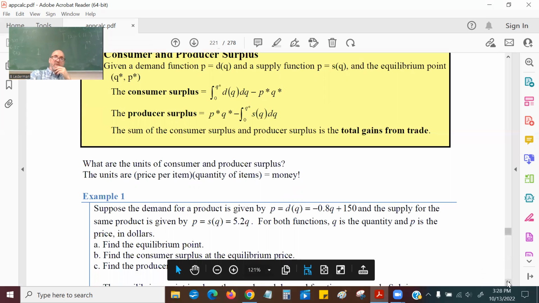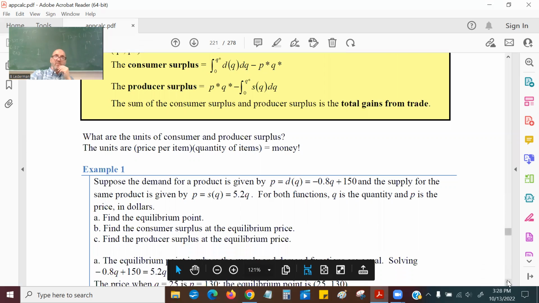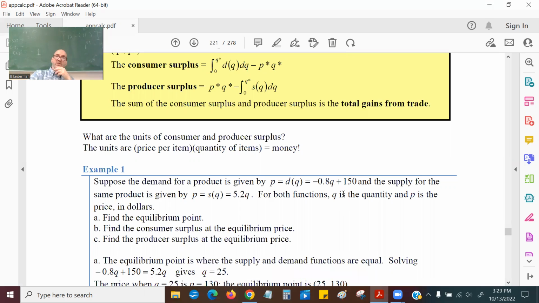Let's do an example. Let's suppose that the demand for a product is given by P equals D of Q, which is equal to negative 0.8 Q plus 150, and the supply for the same product is given by P equals S of Q, which is 5.2 Q. So for both functions, Q is the quantity and P is the price in dollars.